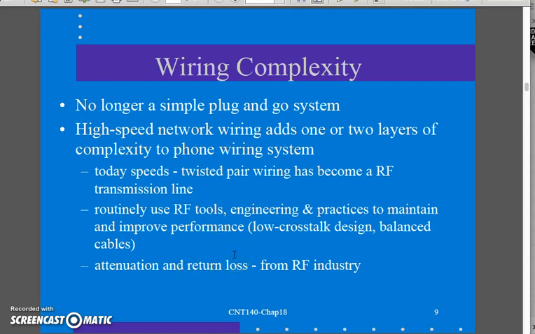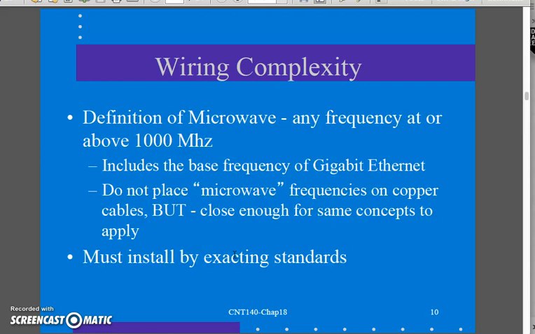Because again, we have cranked up the frequency to get more bits per second, more bandwidth, we're into the RF range. Now, just a real quick thing, the definition of microwave is any frequency at or above 1,000 megahertz. Now, we're not using microwave signals on cabling, but the definition of microwave is anything above 1,000 megahertz. Well, we're approaching that. We are in that realm.